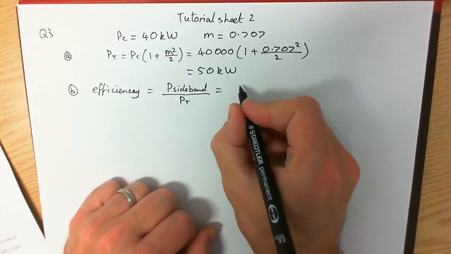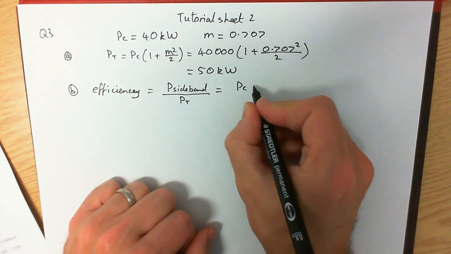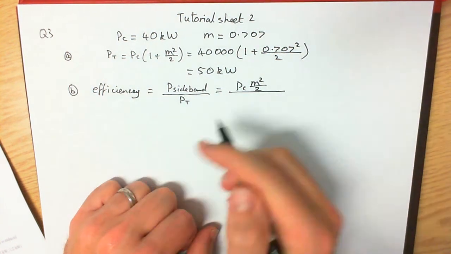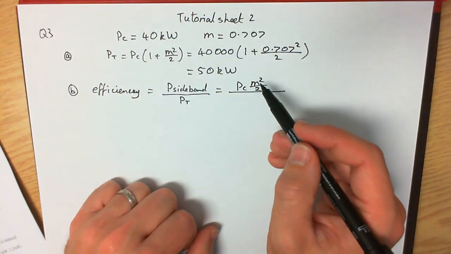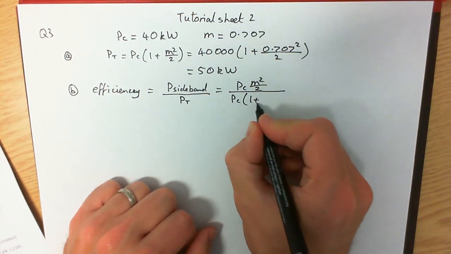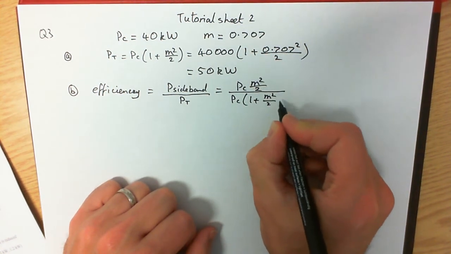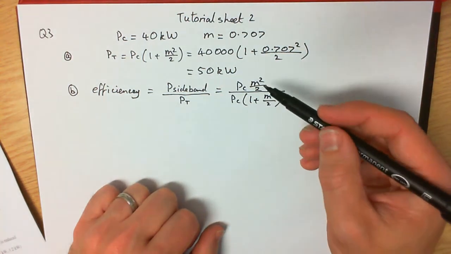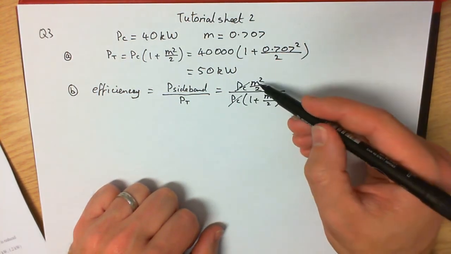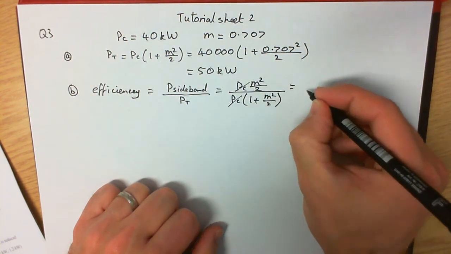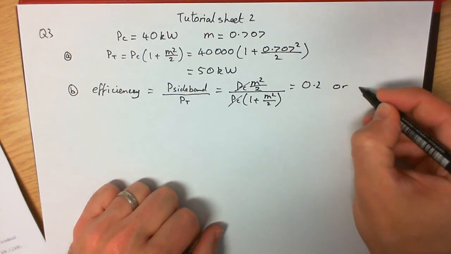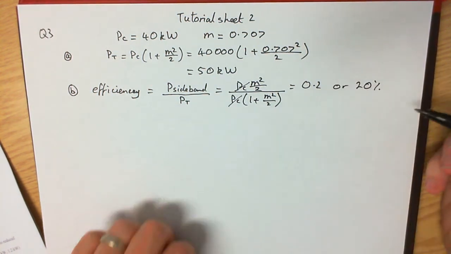So that's equal to the total power in the sidebands, PC m squared over 2, divided by the total power, PC (1 plus m squared over 2). And again, relatively straightforward. PC cancels and we know the value of m, so we can work that out, and that gives us a value of 0.2, or 20%.